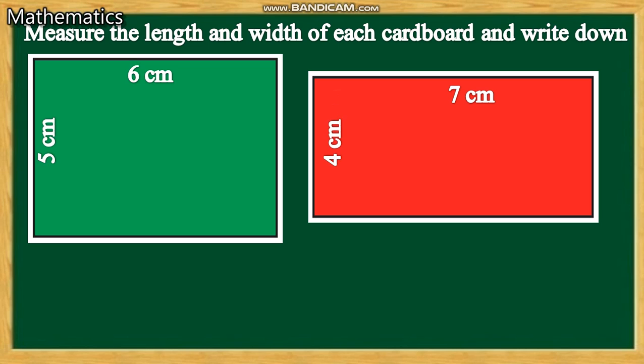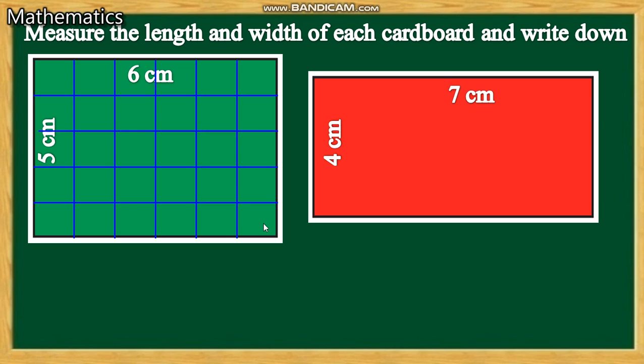Then my question, how many 1 centimeter squares can you cut from the green rectangle? So let's cut. At first I am cutting here 6 centimeter total: 1 centimeter, then 2, 3, 4, 5, 6.